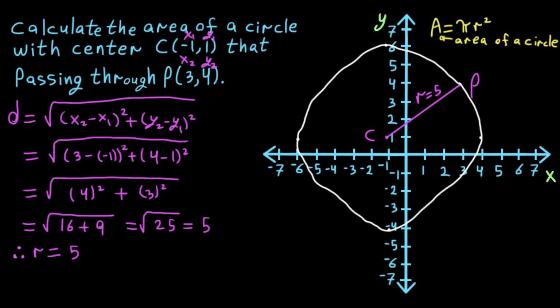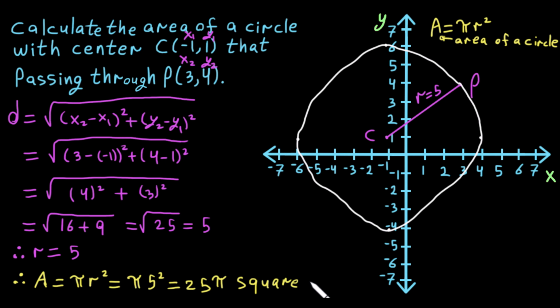Now we are able to find the area of the circle, which is pi r squared. We know the radius r is 5, so 5 squared is 25, giving 25 pi. Usually we write the number in front of pi. Of course, the area is in square units, and the radius 5 is just units, not square units.